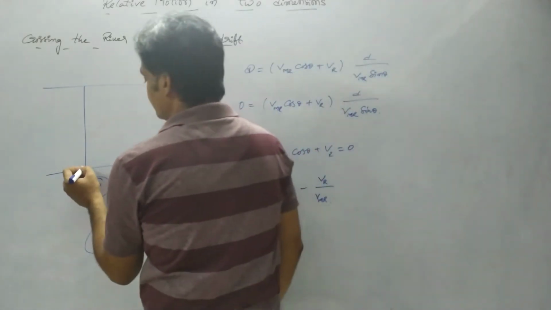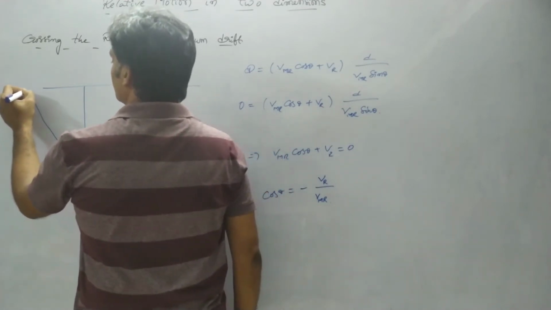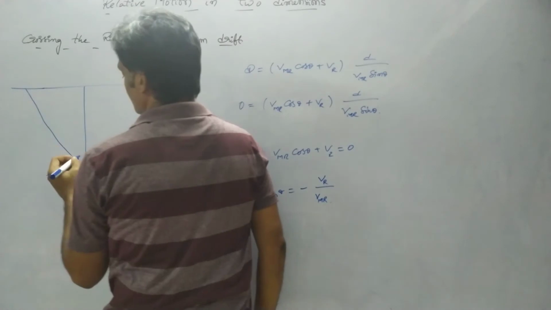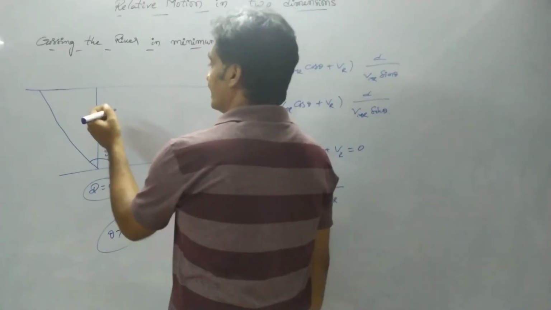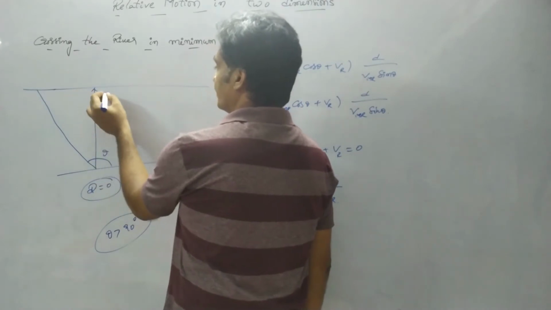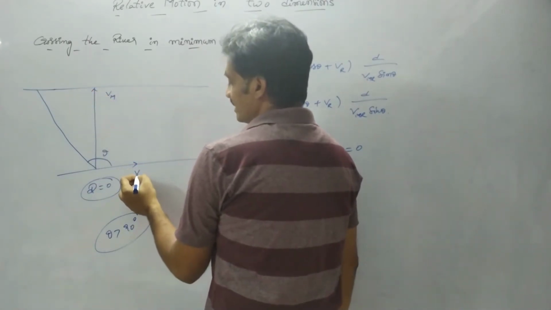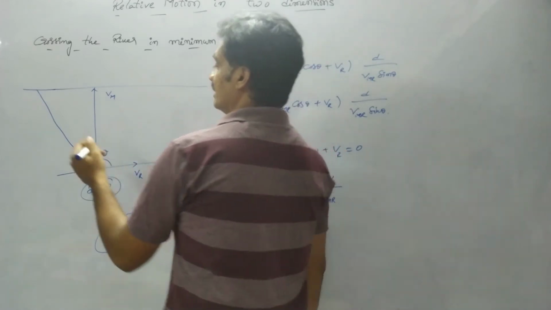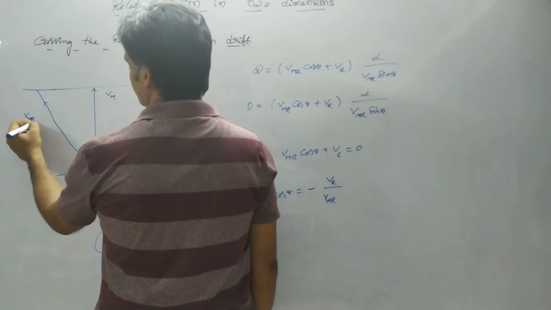So the person has to travel across the river like this, where this represents theta, and the vertical line represents the velocity of the man with respect to ground, this line represents the velocity of the river with respect to ground, and this line represents the velocity of the man with respect to river.